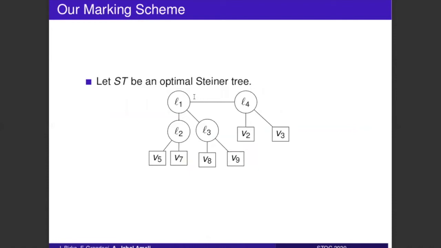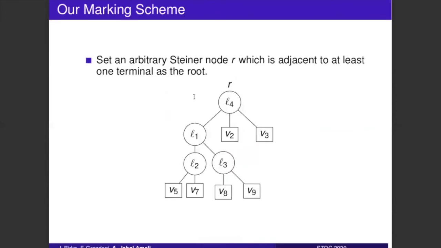What we do is as follows. So again, we consider ST to be an optimal Steiner tree. Then we set an arbitrary node R as the root, which is adjacent to at least one terminal. For example, here you can see that we set L4 as a root, and L4 has two terminal children.